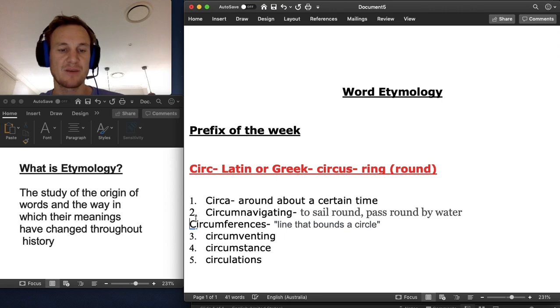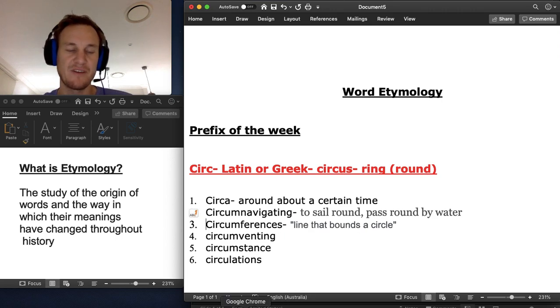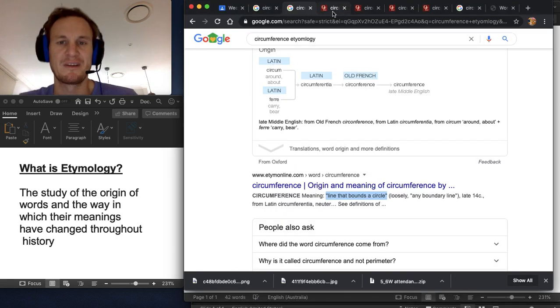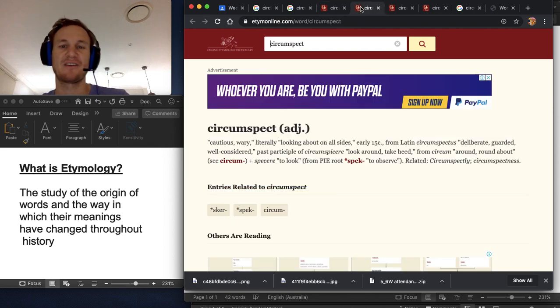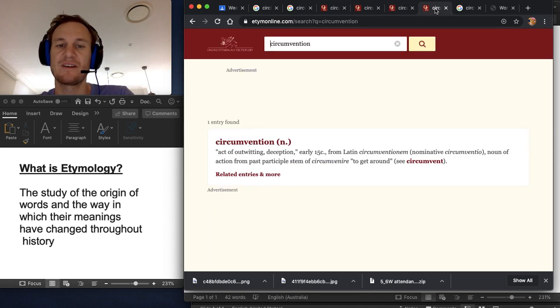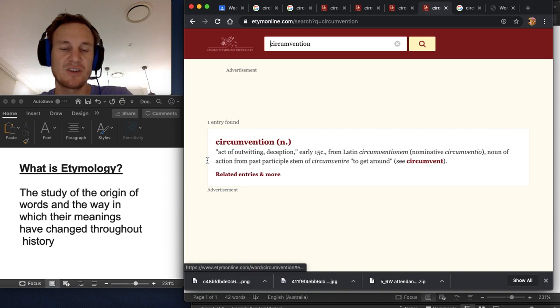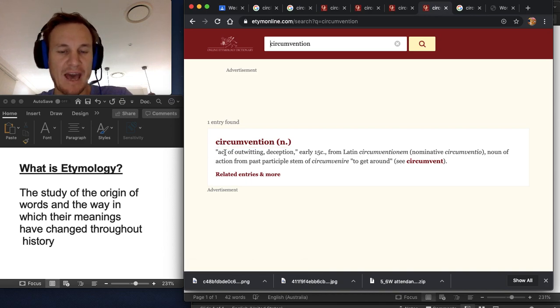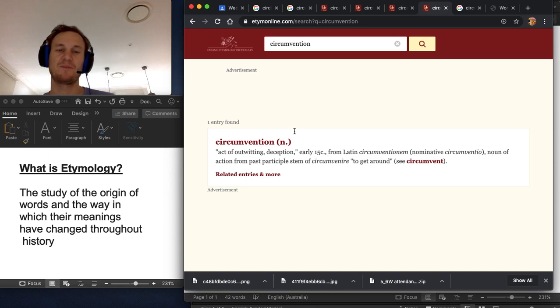Perfect. Circumvent. Okay, I know what venting means. Venting means like to say how you're feeling. So I wonder whether circumvent has anything to do with that. Circumvention means the active outwitting or deception. I don't know how deceiving someone would be round, right?